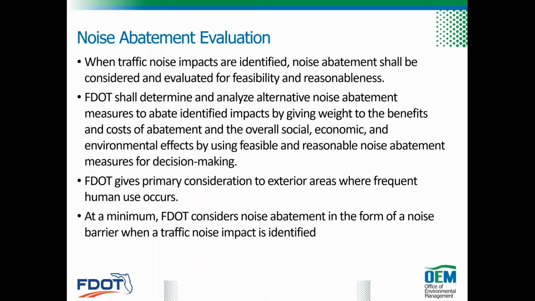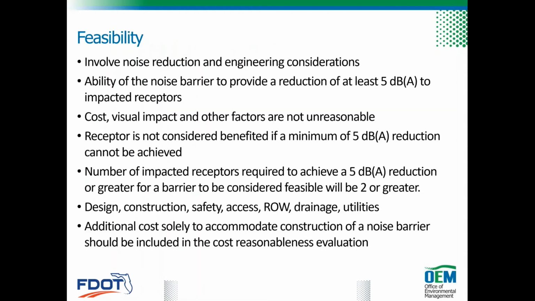And at a minimum, the FDOT considers noise abatement in the form of a noise barrier when a traffic noise impact is identified. For feasibility, it must involve noise reduction and engineering considerations: the ability of the noise barrier to provide a reduction of at least 5 decibels to impacted receptors, the cost, the visual impacts, and other factors are not unreasonable.